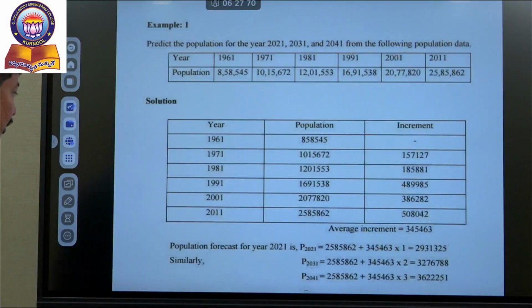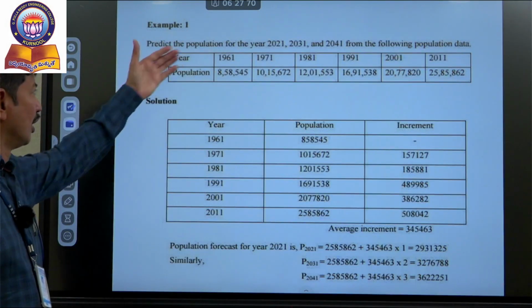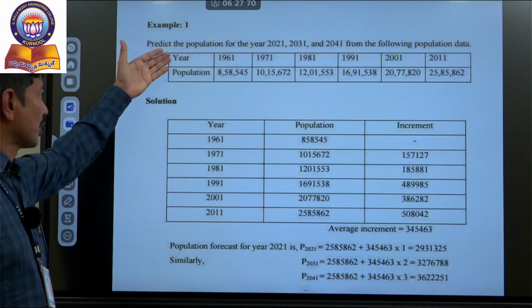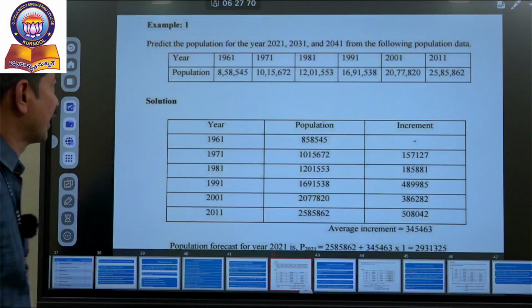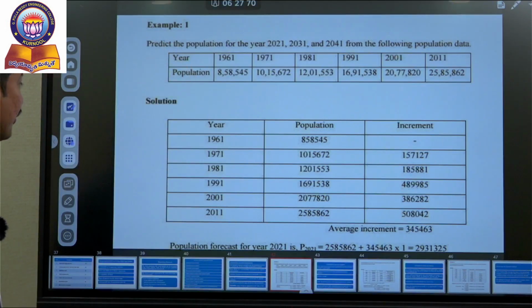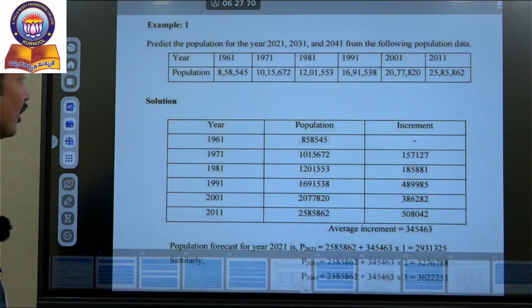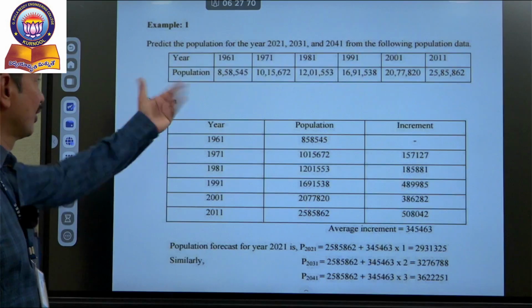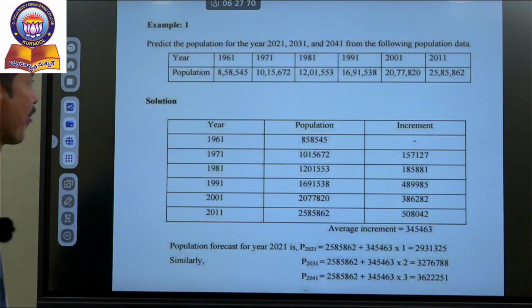From this, let us write one question. Past census data for 1961, 1971, 1981, 1991 is given, along with the population data.